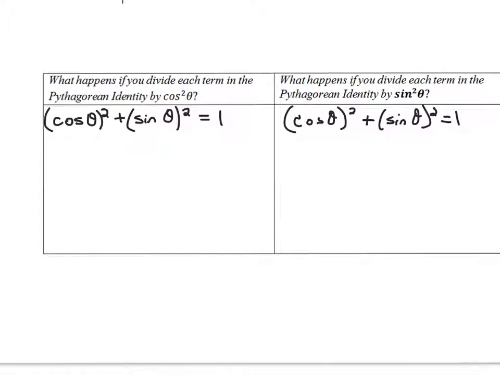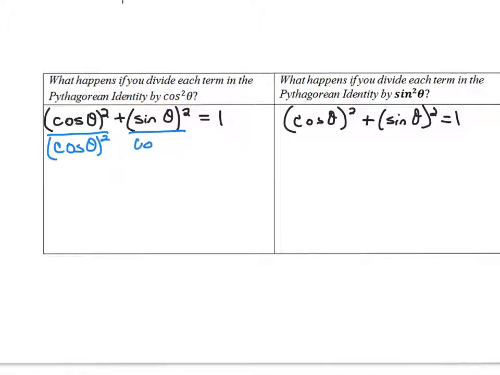Now just a note about notation here. When I write cosine squared theta, that's exactly the same as saying the cosine of theta squared. So it's how I show that the cosine function is being squared. So I'm going to go through and I'm going to divide each and every term by cosine squared theta, or the cosine of theta squared, however you prefer to write it.